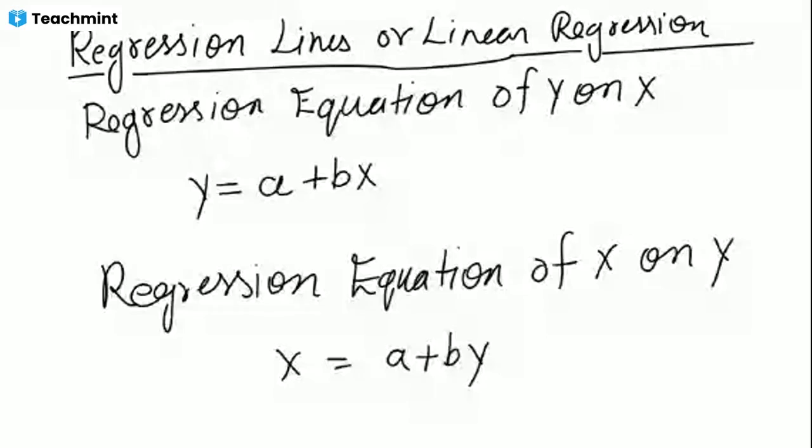If we have data, then we find the values of a and b, and then we can find the regression line or linear regression.